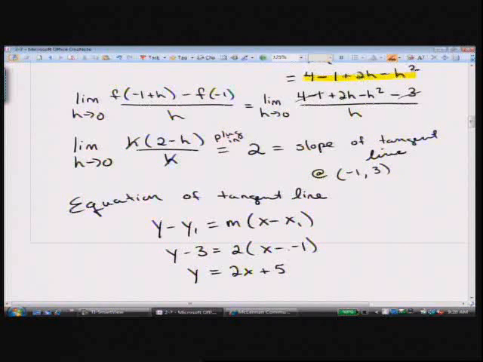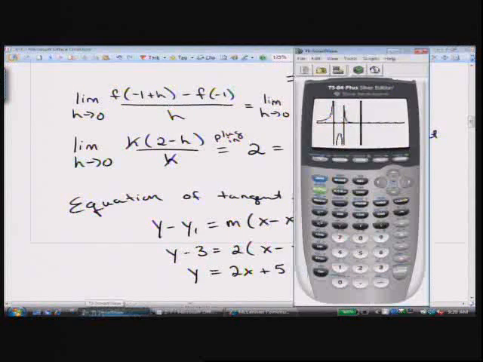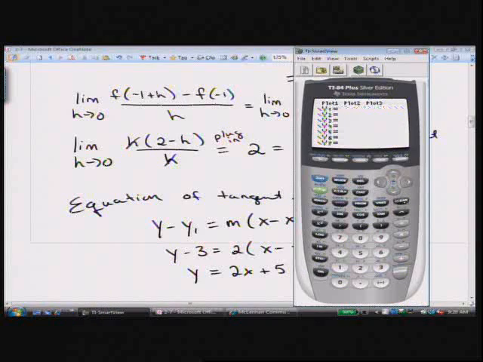So what does that mean graphically? Well, if you graph the function 4 minus x squared, that's just going to be a parabola that is reflected across the x-axis and then shifted up 4 units.